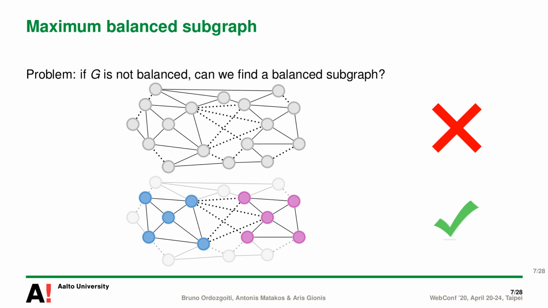So we're interested in the problem of finding balanced subgraphs. In general, we should not expect signed graphs representing real data to be balanced. So it might be interesting to find balanced subgraphs in these networks and have them be as large as possible.